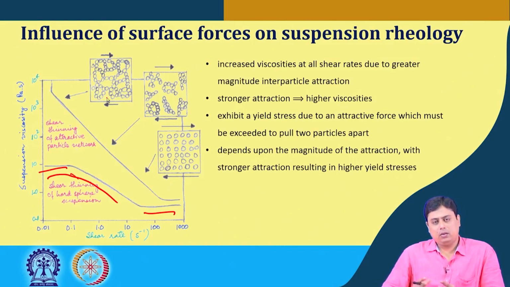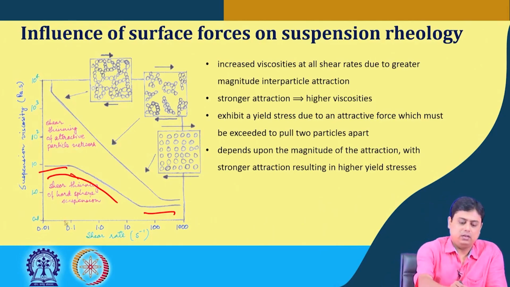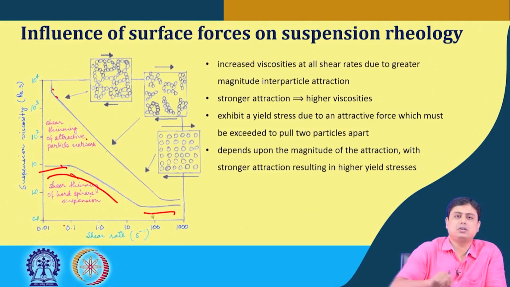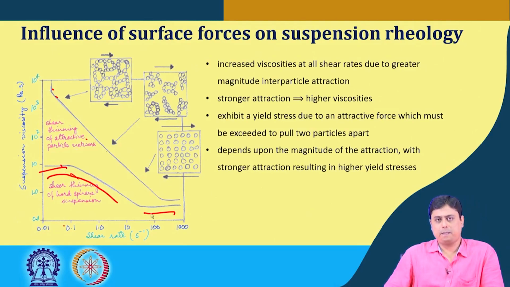While at rest, these networks encircle some of the liquid. As the network is squeezed or flattened, or the bonds break at a high shear rate, more and more liquid is released from the spaces inside the network. At all shear rates we have increased viscosity compared to the repulsive or hard sphere cases, due to the greater magnitude of interparticle attraction.